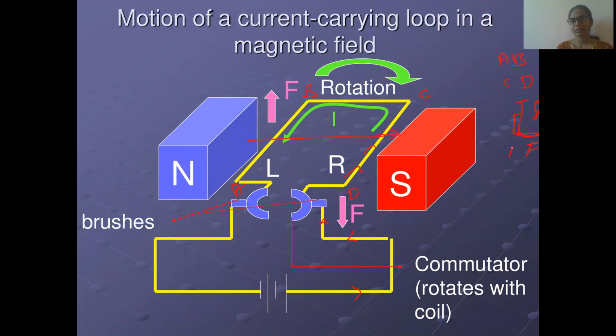The forefinger indicates the direction of the magnetic field. The middle finger, the central finger, indicates the direction of current. Take your left hand, children, and focus on where the magnetic field is. This is the magnetic field, and the current is going in this direction.